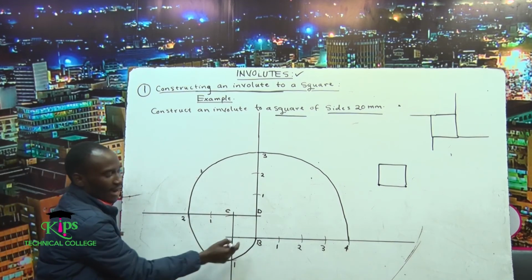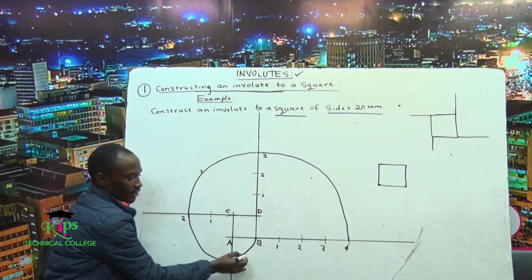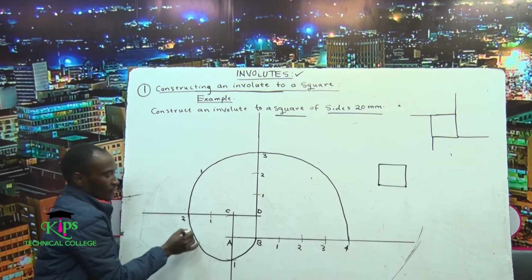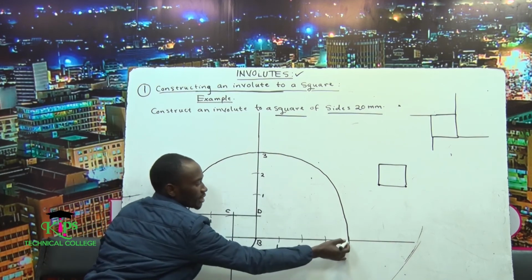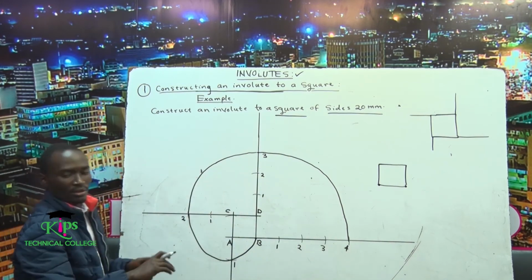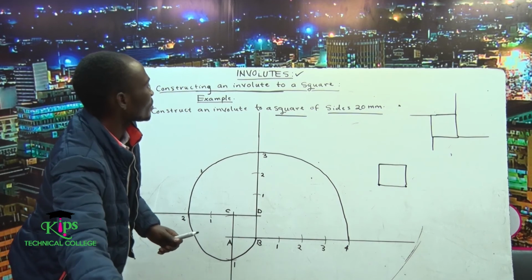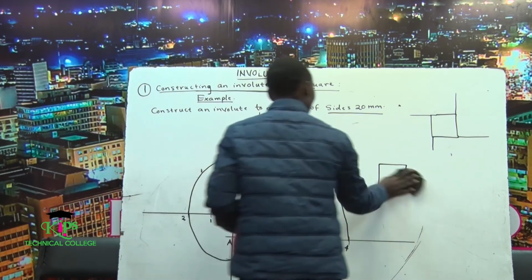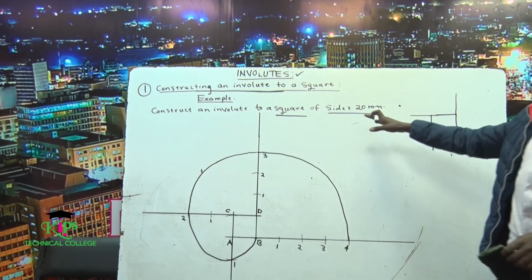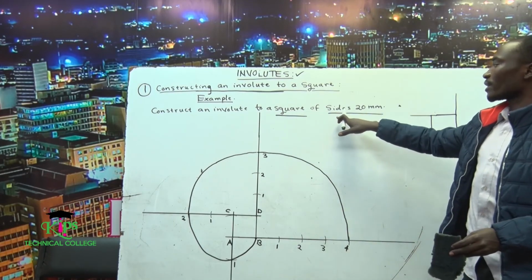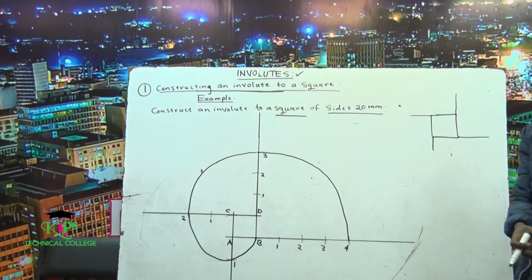You can see that I have started from point B. It has passed through point 1 to point 2 to point 3, then finally to the last point, which is point 4. So that is the procedure of constructing an involute to a square. For this case, we had been given a square of sides 20 millimeters.